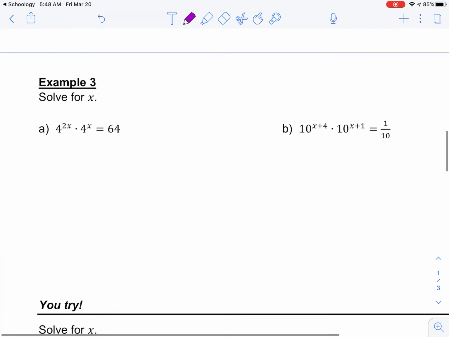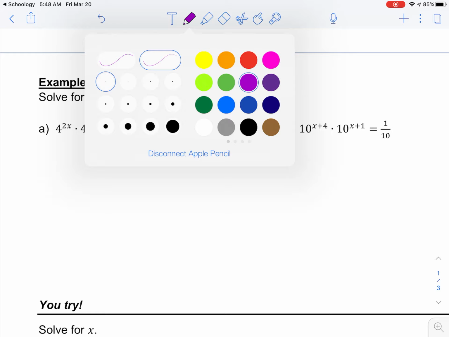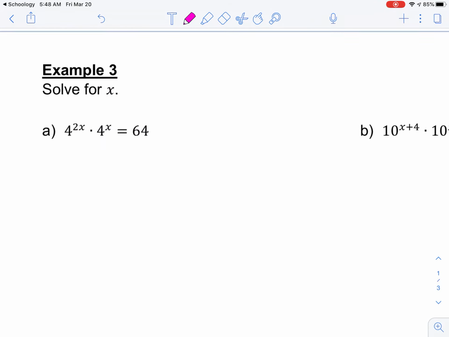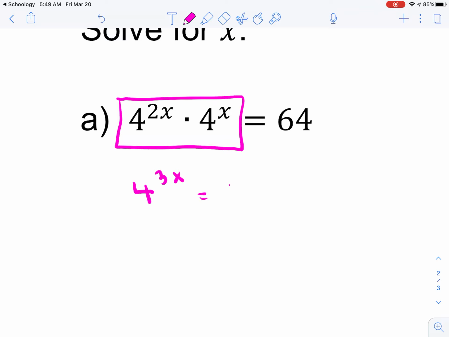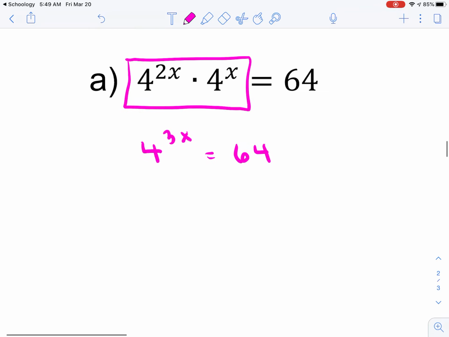In the next set of examples, you're going to notice that they have an operation included with the problem before we even begin. So let's use our properties of exponents that say when you have the same base, we can add these exponents together and then use what we did on the front side.